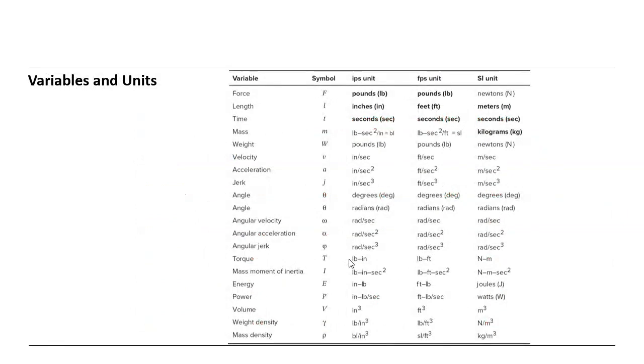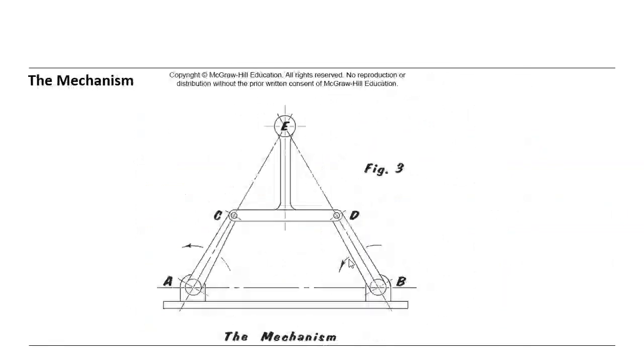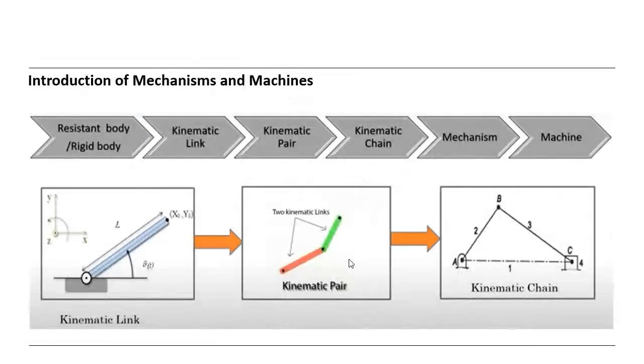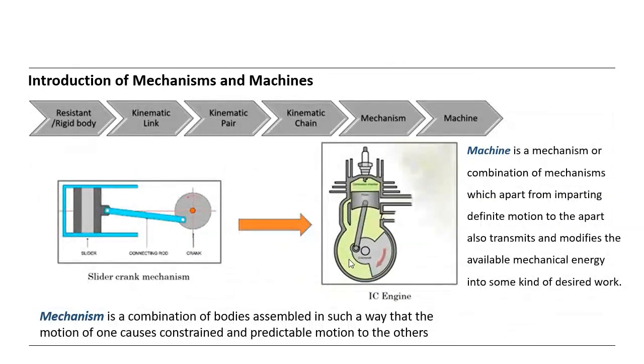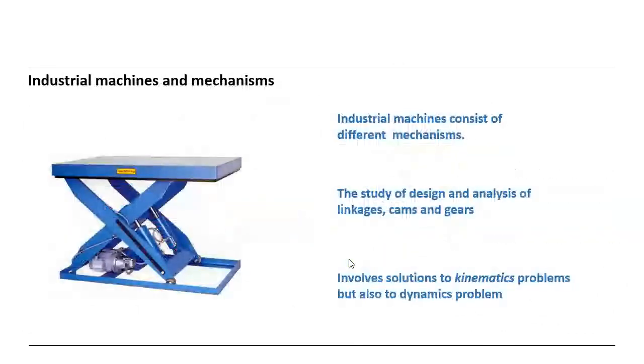And then we talked about what is a mechanism, what is a rigid body, kinematic pair, and kinematic chain and mechanism. And machine, we said what is a machine, machine and mechanism, we all discussed.